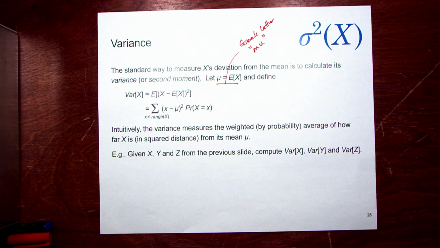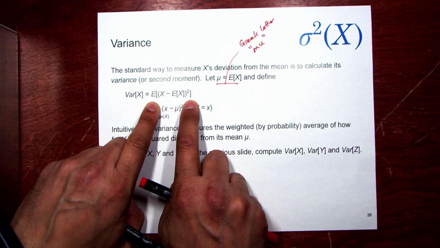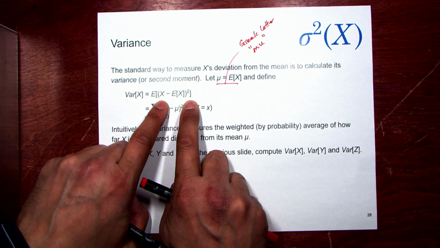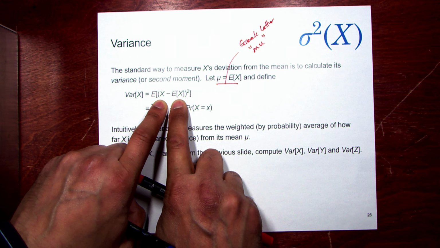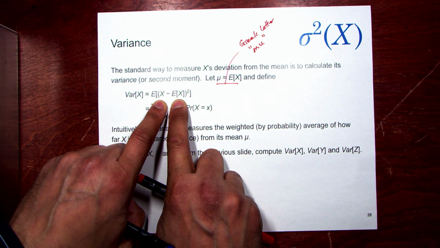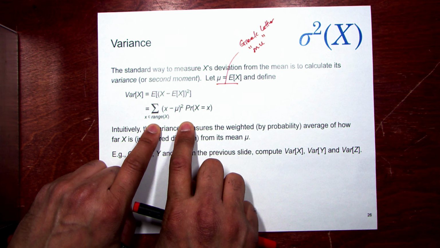Anyway, what do you do? You take every value that's in the range of x, take its distance from the mean, square those distances, add them all up and take a weighted average of those. Written another way, it's like this, using the summation version of this definition.